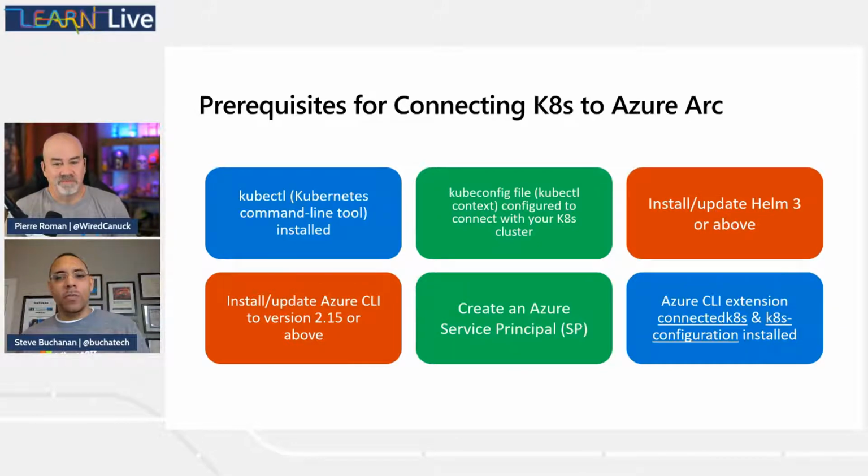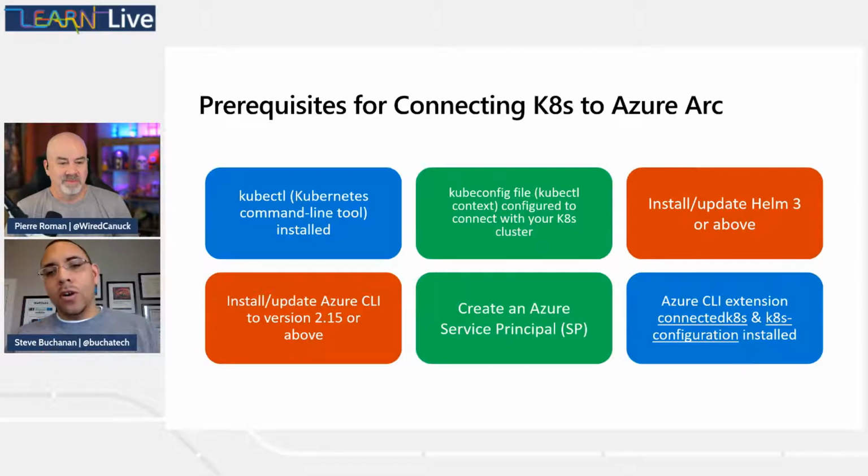Looking at the third bubble on the right, you need to have Helm 3 or above installed, because we're doing some things with Helm. Then you need the Azure command line interface version 2.15 or above. You need to have a service principal, which we typically create ahead of time. And then you need the Azure Arc.